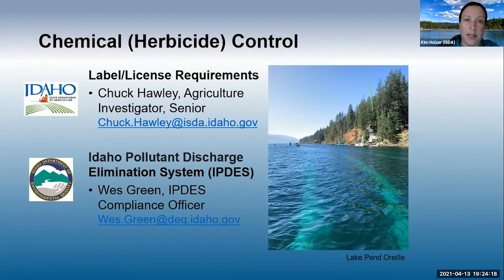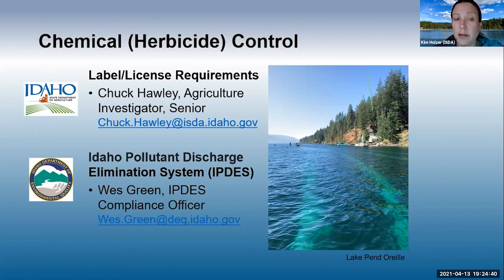And I wanted to throw these contacts out there just because this is a kind of a multi-agency endeavor when it comes to managing the plants. We have a contact in ISDA based in Post Falls that is great at fielding questions about label and license requirements.